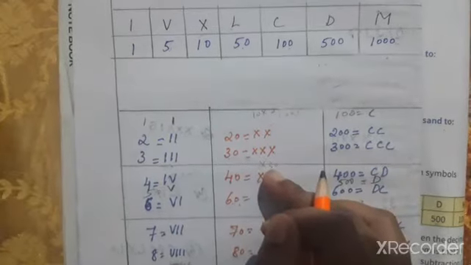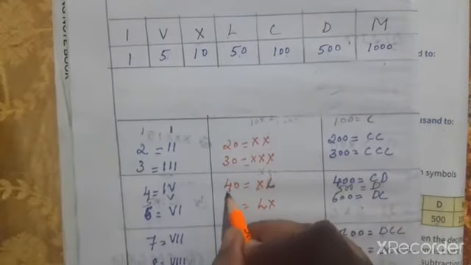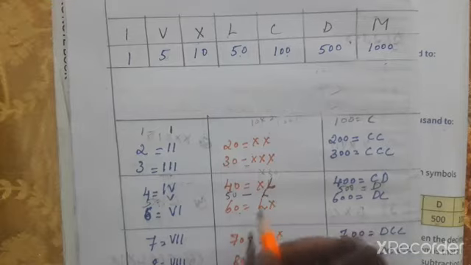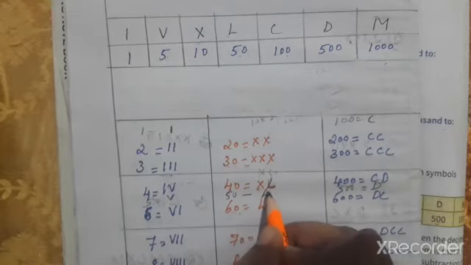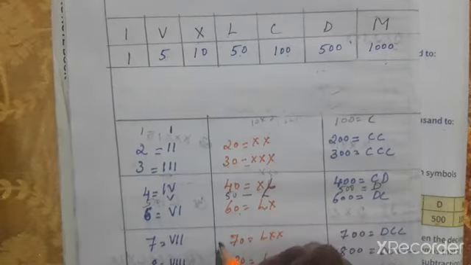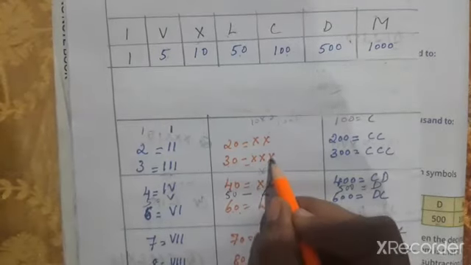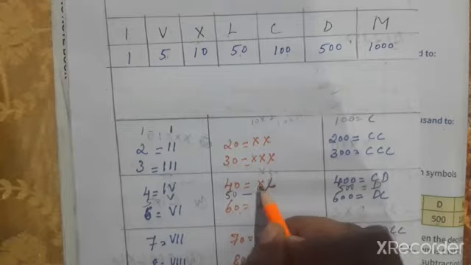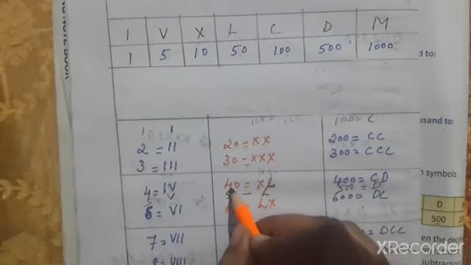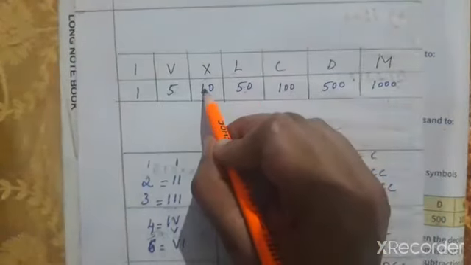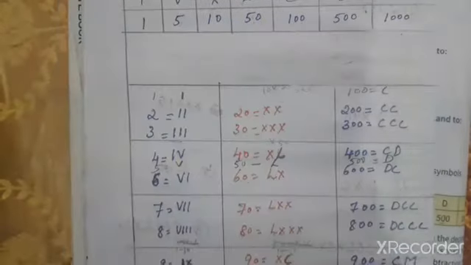So for 40, the next number is 50, and we know that is L. 50 minus 10 is 40.